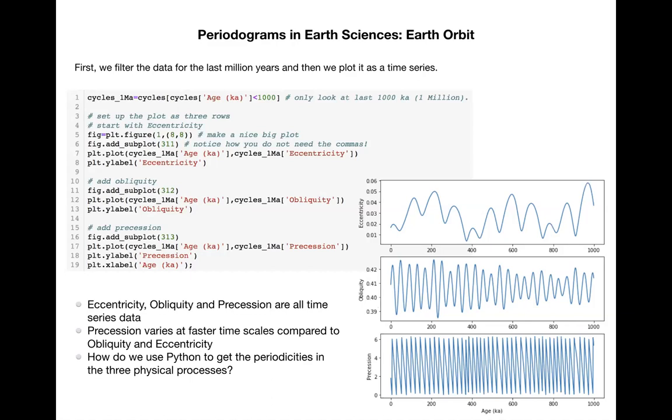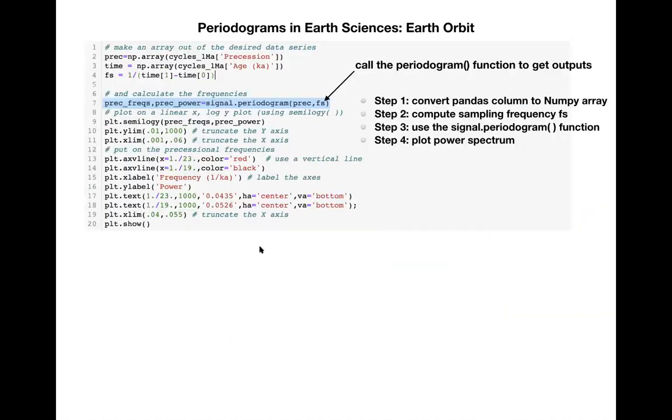And how do we use Python to get the periodicities in these physical processes? This is how we use periodograms. For example, this is a simple code that uses the signal.periodogram function to do it, right? First of all, let's take a look at the periodicity in the precession data.